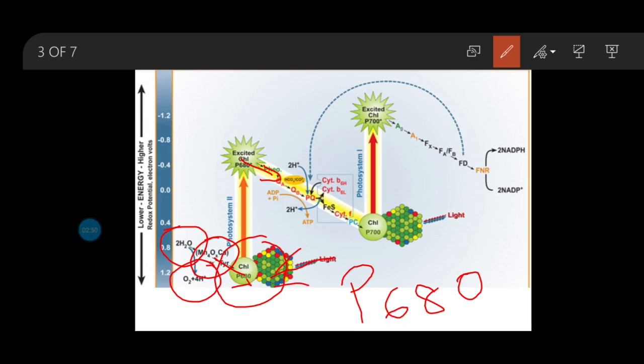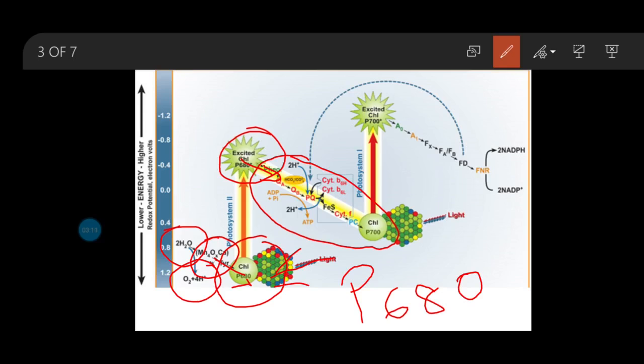Now let's see, here is the excited PS2 and it has released the electron, and after that the electron is carried by several electron carriers which are embedded in the thylakoid membrane. Those electron carriers are generally mobile electron carriers.